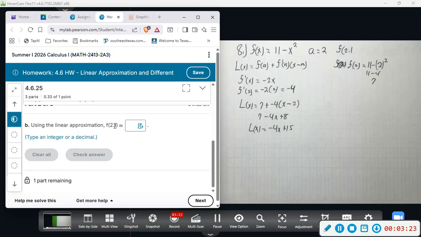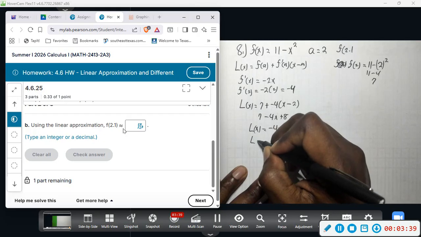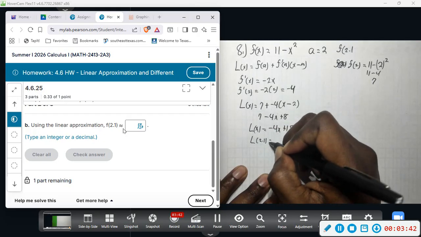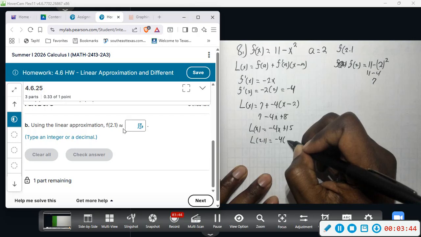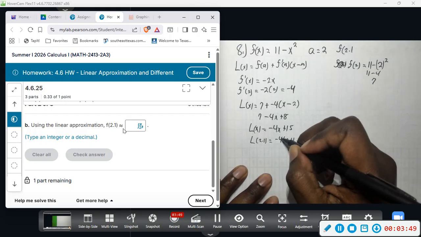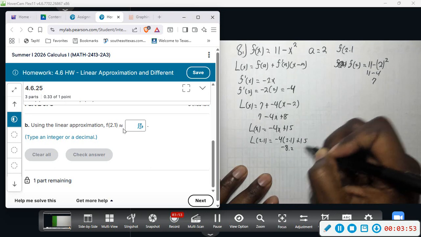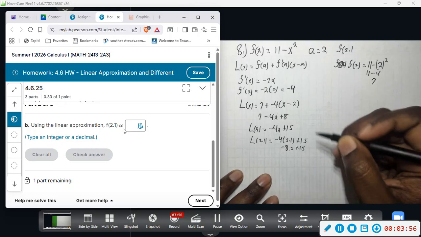We're going to use the linear approximation to estimate f of 2.1. So if we plug in 2.1, this gives me a negative 8.2 plus 15.